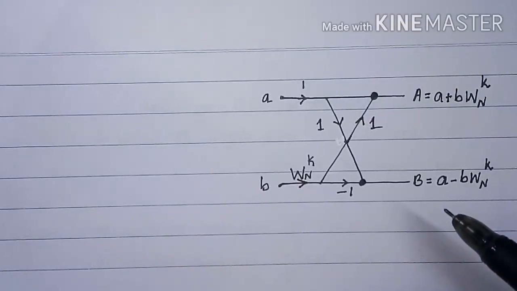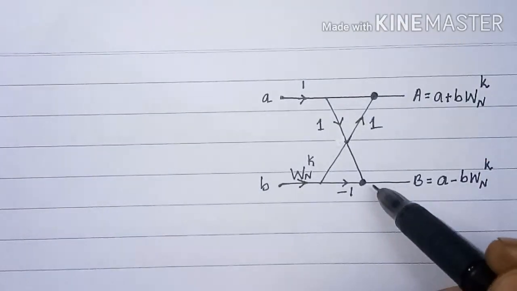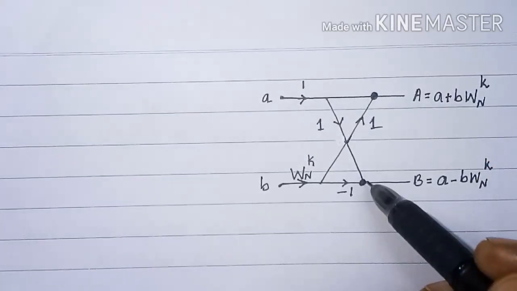In this butterfly diagram you can see the dots here. These are points of summations.